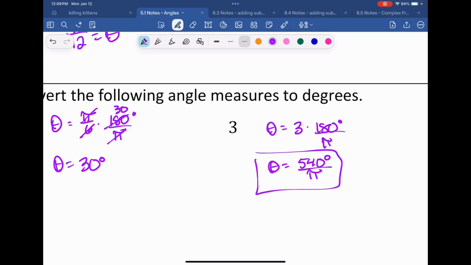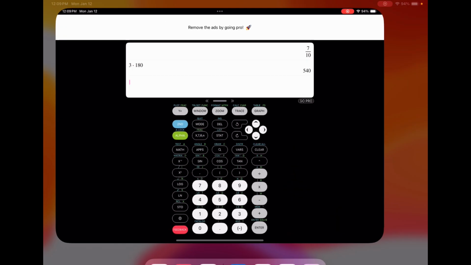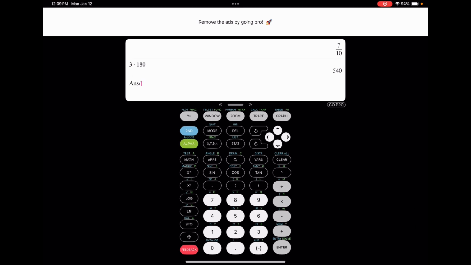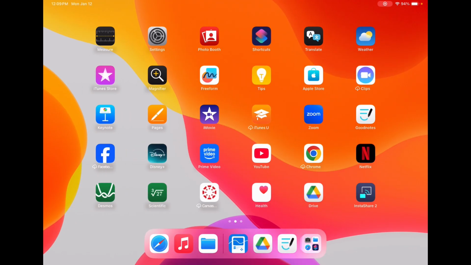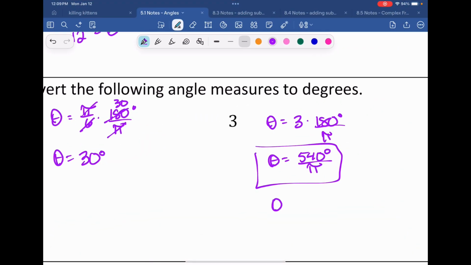And that's fine to get. And if you want to do it as a decimal, you do that divided by pi. So 171.887. Again, make sure you put your degree symbol.